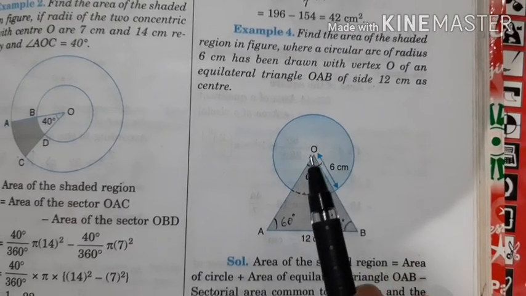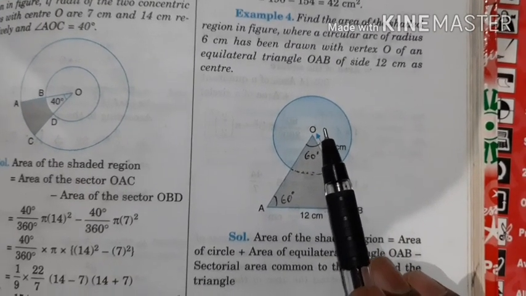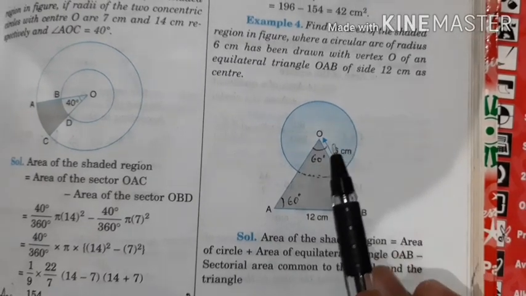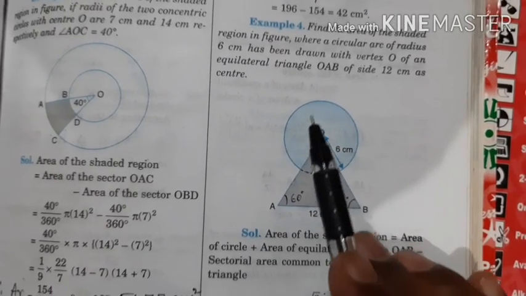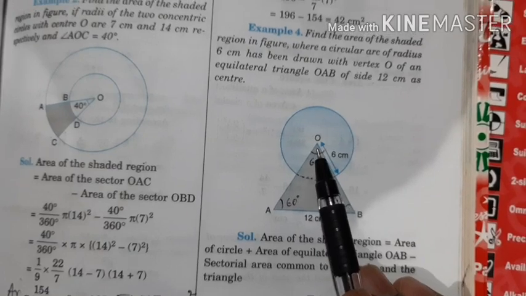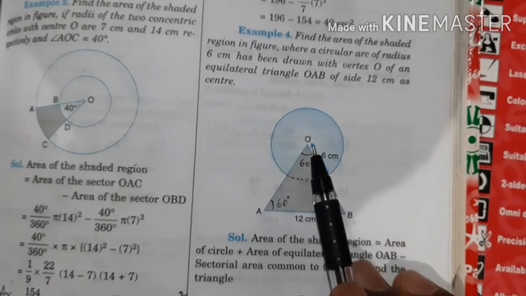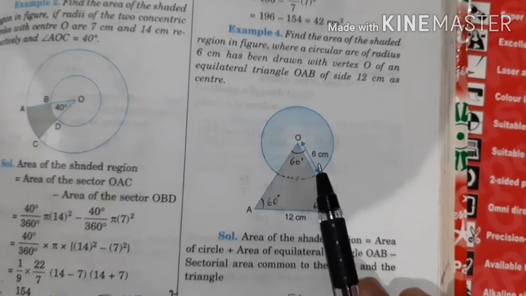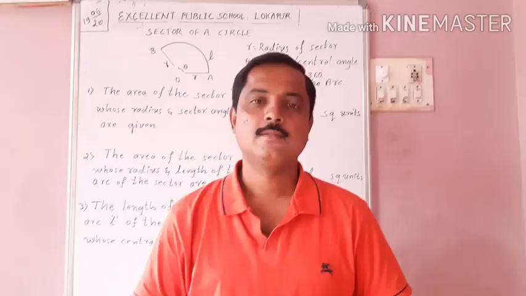That is the area of this equilateral triangle plus the area of this major sector with sector angle 300 degrees and radius 6 centimeter. Okay.